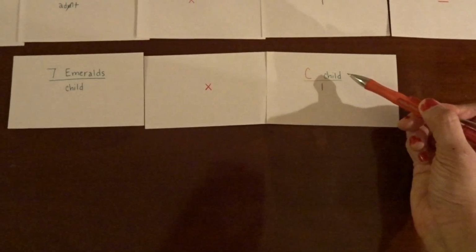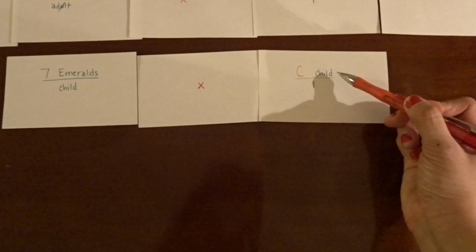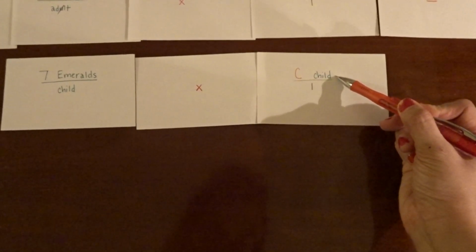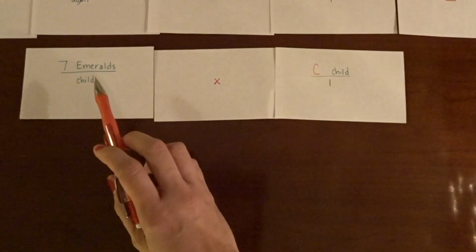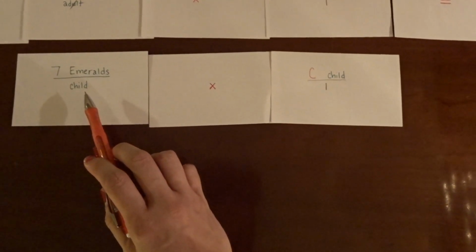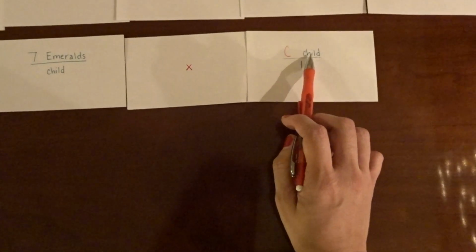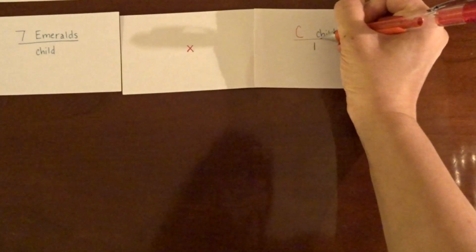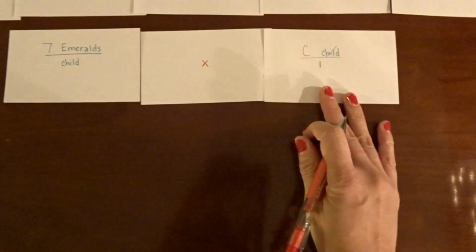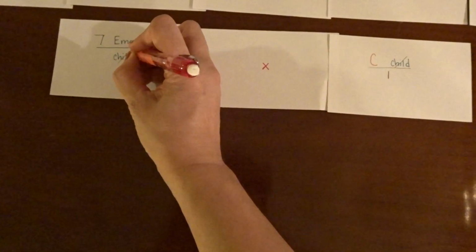Right here, let's look at our numerator. The unit of child tickets is on the top. Let's look at our denominator. We have the units of child ticket on the bottom. Right here, we can actually cancel these units out. Let's cancel out this unit and this unit.